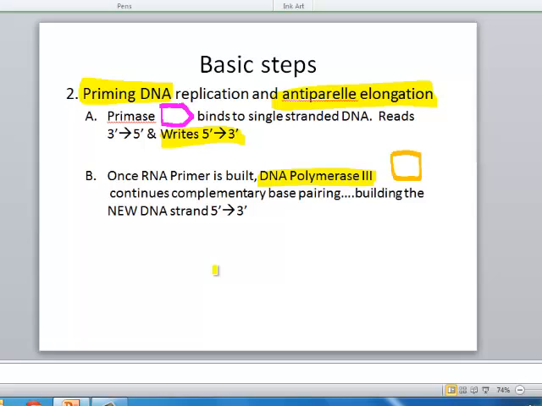DNA polymerase cannot work on a naked single strand of DNA. It needs something to bind onto. It binds onto a short primed sequence, 5 to 10 nucleotides long, but it's not DNA nucleotides, it's RNA nucleotides. That's how we prime in nature.